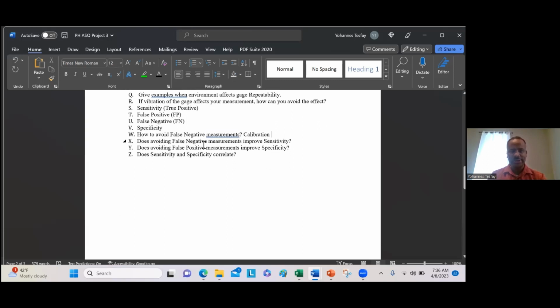Does avoiding false negatives improve sensitivity? The answer is yes. Does avoiding false positives improve specificity? The answer is yes again. Does sensitivity and specificity correlate?